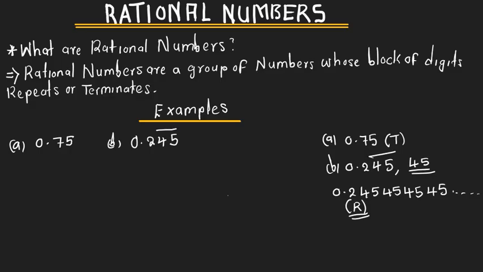So, the first one is 0.75. How do we go about making this particular rational number in the form A over B? The first thing to do is this: equate to x.